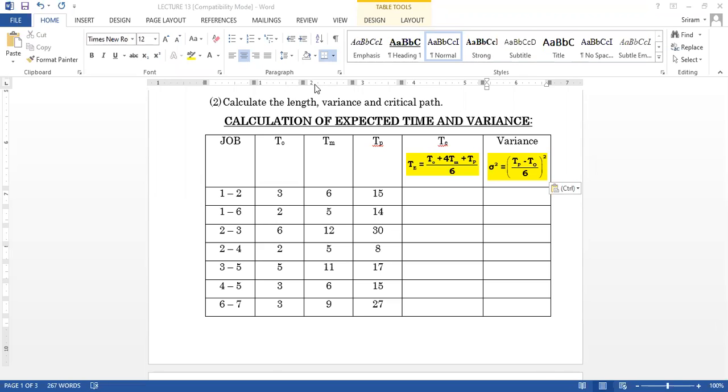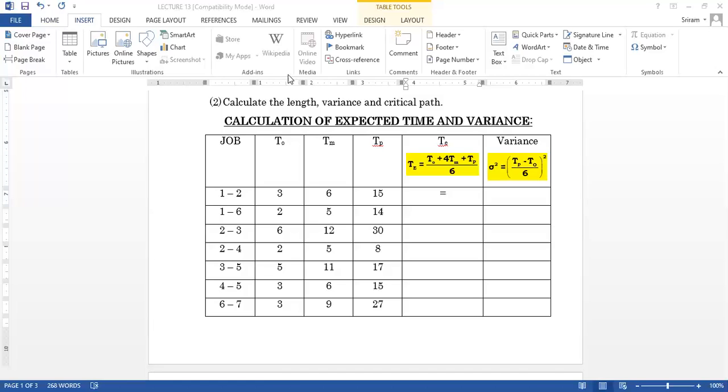So for variance, sigma squared is equal to Tp minus T naught divided by 6, the whole squared. Now I am going to find the value of TE for the first one. Oh, I cannot insert an equation now.